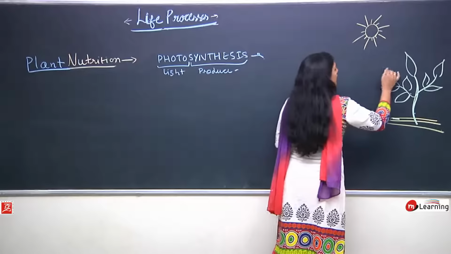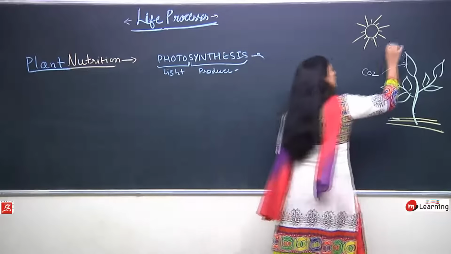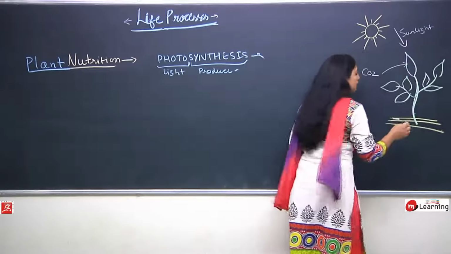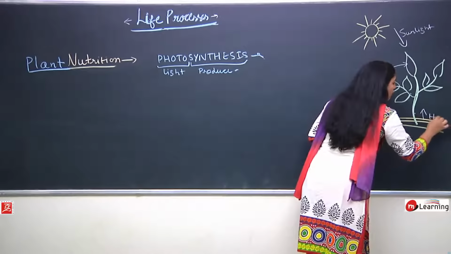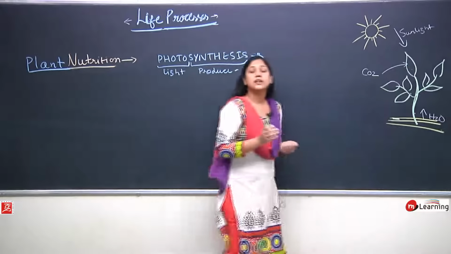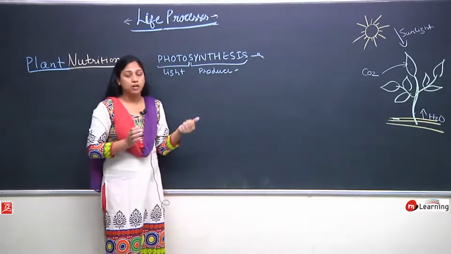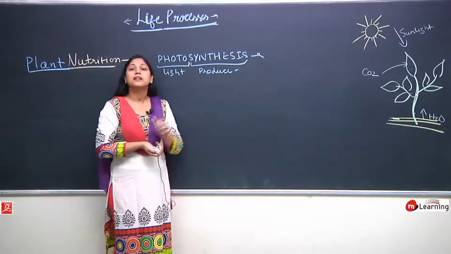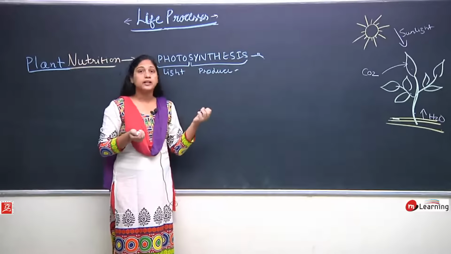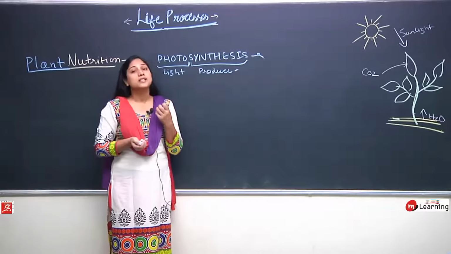Okay, what is it taking? It is taking carbon dioxide from the air, it is taking sunlight from the surroundings, and it is taking water from the soil, and in the green part of the leaves, they are producing an organic compound, and this process is in the presence of a pigment known as chlorophyll.